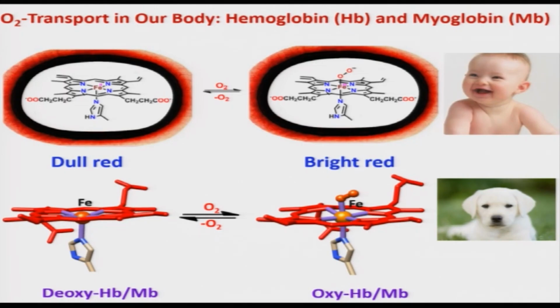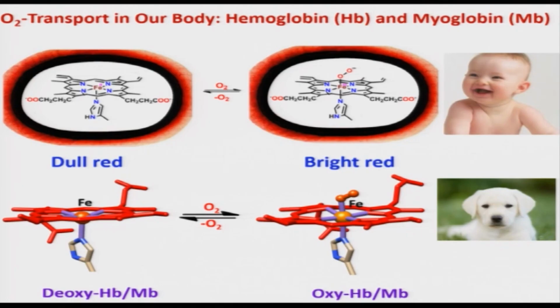Once dioxygen binds to the iron center, the oxidation state of iron changes from +2 to +3, while dioxygen becomes superoxide, O2 minus. This also results in a sharp color change from dull red to bright red. X-ray structures of both deoxy and oxy forms are shown here.